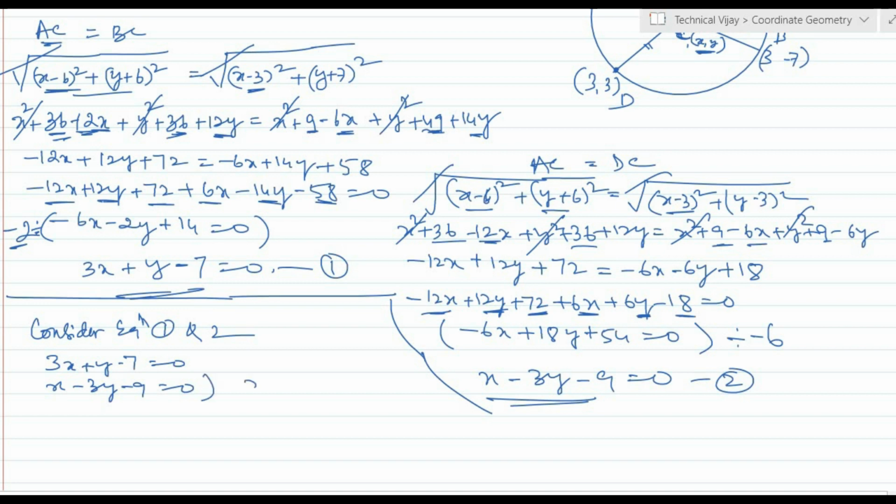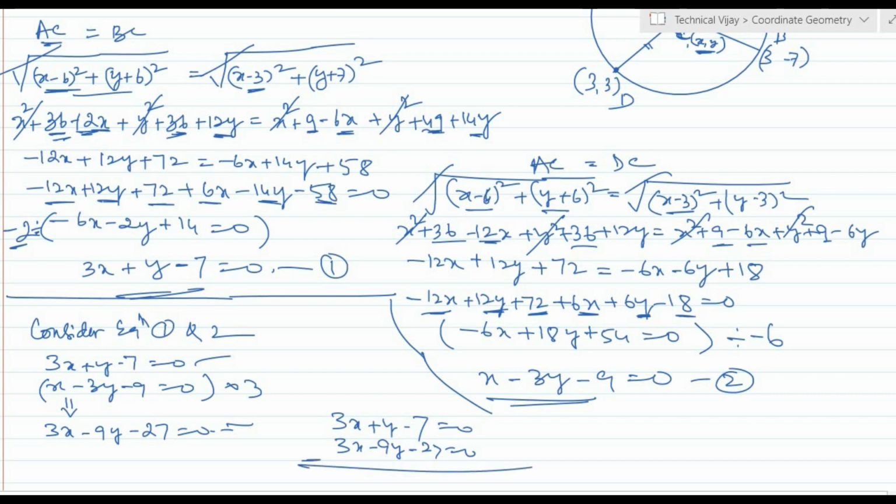We will multiply the second equation by 3, so that the coefficient of x becomes the same and afterwards we can solve by the elimination method. So this equation becomes 3x minus 9y minus 27 equal to 0. This is the new equation. So we consider 3x plus y minus 7 equal to 0 and 3x minus 9y minus 27 equal to 0.